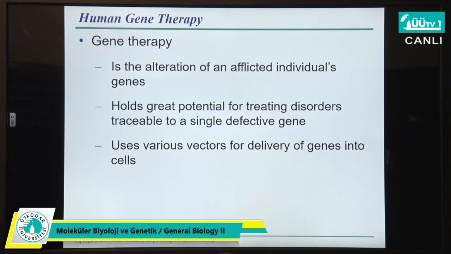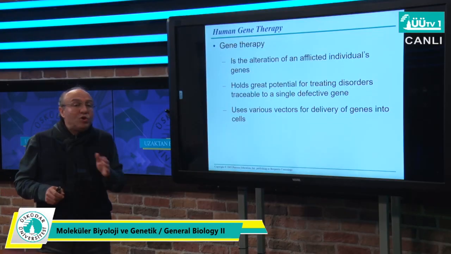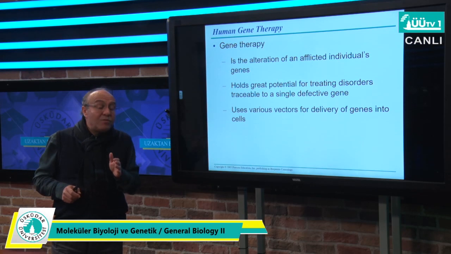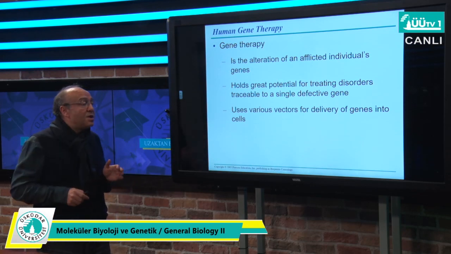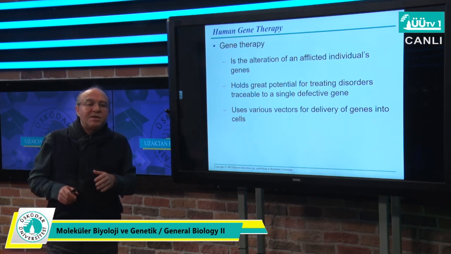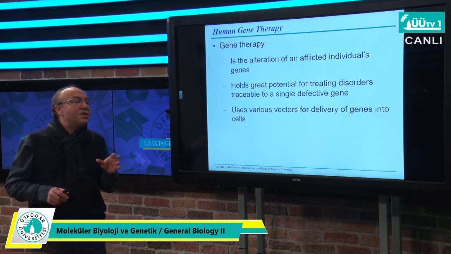Now we are talking about gene therapy on the medicinal side. Genes are broken down, or some lethal or important mutation happens in the genes, and the expression of the genes is not working properly.